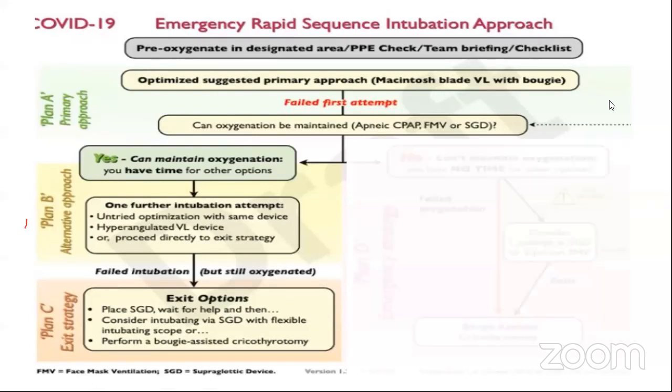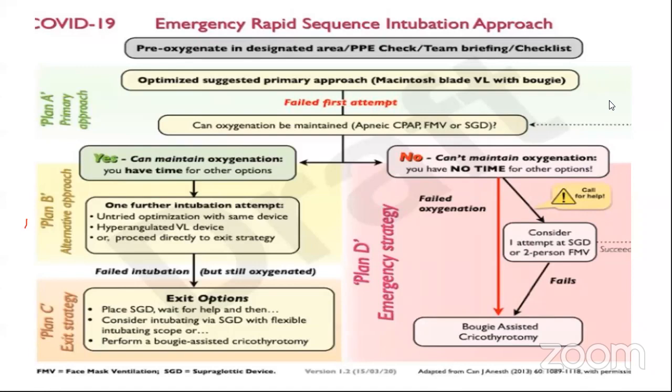Then you are in a real emergency situation. This is life-threatening because this is the situation we call cannot intubate, cannot ventilate. Here you don't have time. You need to make very fast decisions and carry out your decision very quickly and efficiently, because otherwise you lose the patient.